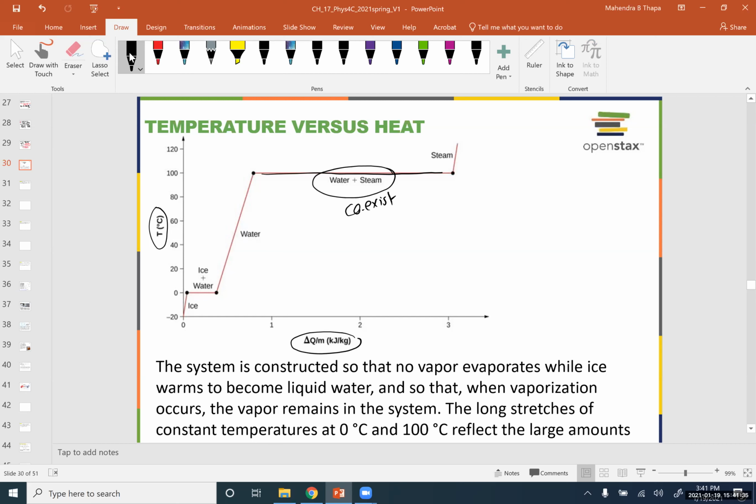In the other flat portion, ice and water coexist. In those portions, water is converting to steam without changing temperature, so there is no change in temperature. But here, where you see water, if you supply the heat, the temperature changes. So here, no phase change.